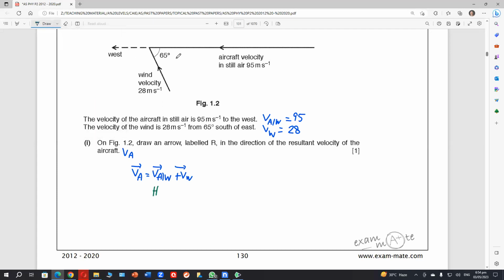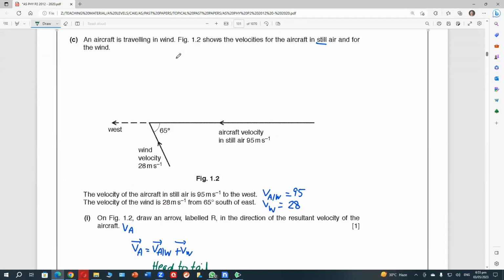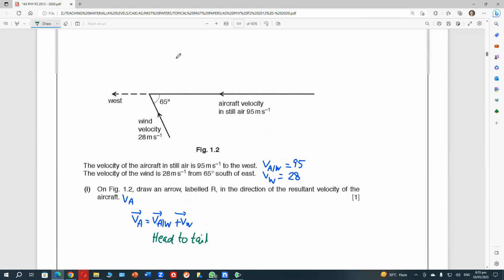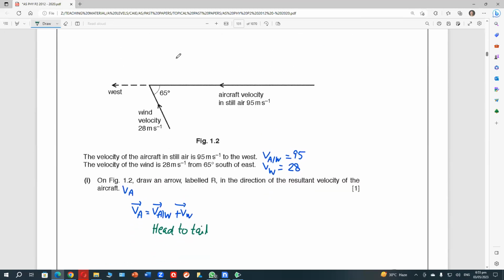I just write it here, so it's a matter of recall. It is a case of head to tail, and I also mark here VAW, and this is VW.